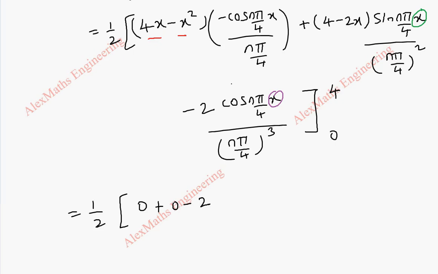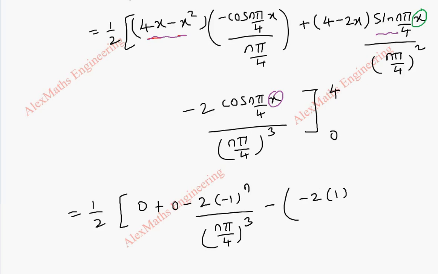Cos n pi is minus 1 whole power n by n pi by 4 whole cube. Then minus, when I put the lower limit 0, both the first terms are 0. Because of sine, this is 0. And we have only the last term, which is minus 2 into cos 0, which is 1, by n pi by 4 whole cube.